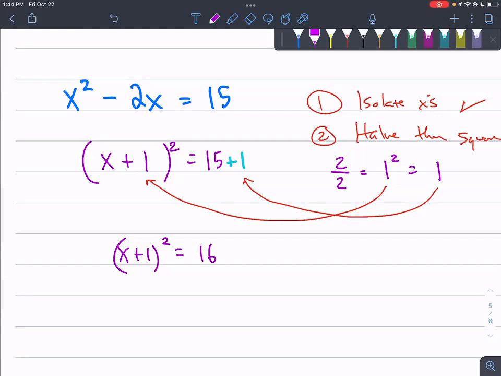Oh, that is negative 2. Thank you. Still plus 1 on the right, negative 1 times negative 1, plus 1.